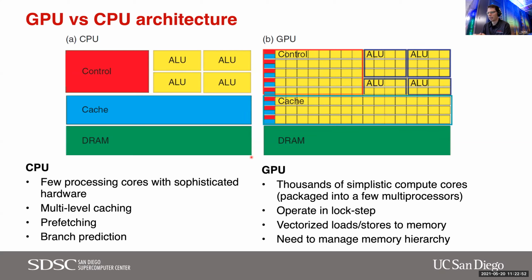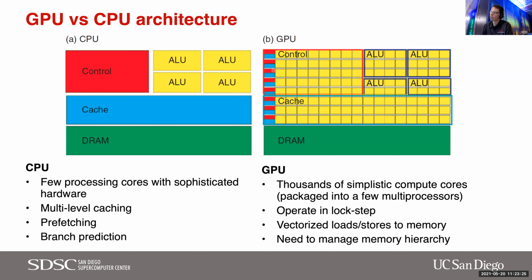In a CPU, you have a lot of cache memory and a lot of control units, so lots of sophisticated hardware in there, and then only a few processing cores, arithmetic logical units. The CPU does a lot of things for you, like multi-level caching, prefetching, and branch predictions, all these things that happen under the hood that make your code run as fast as possible on a single core. Now, that's very different on a GPU.